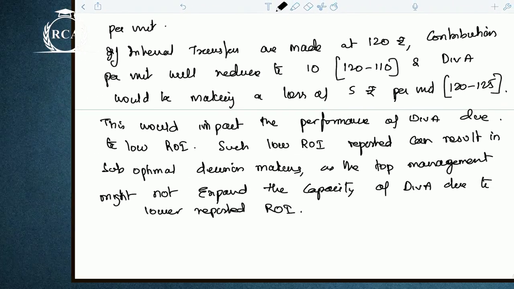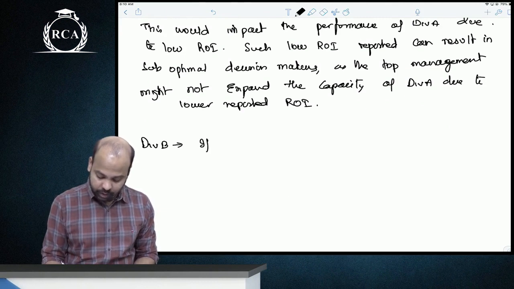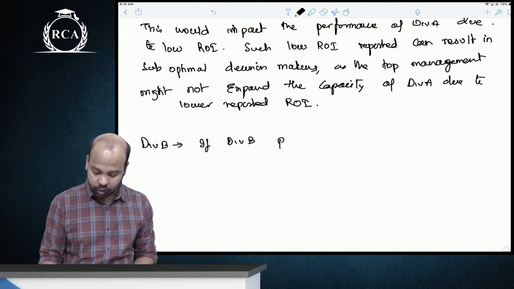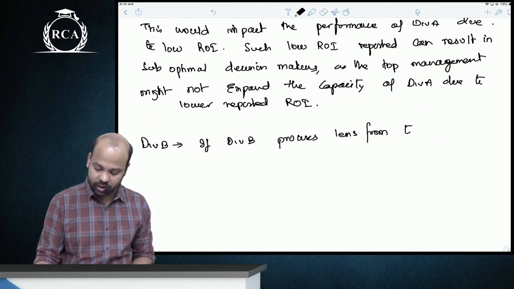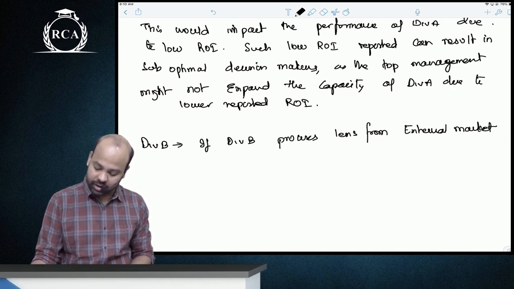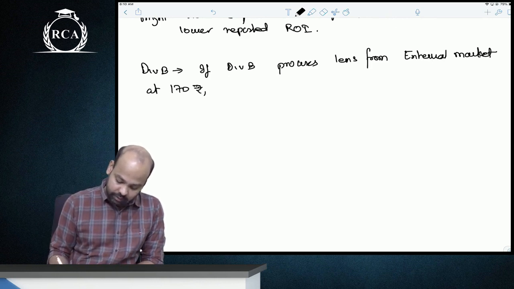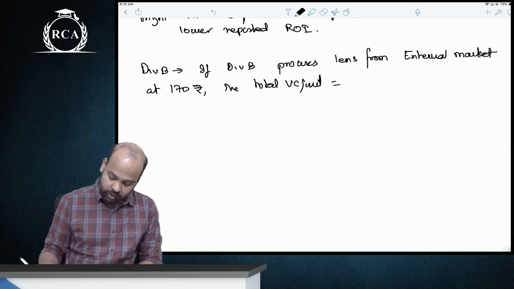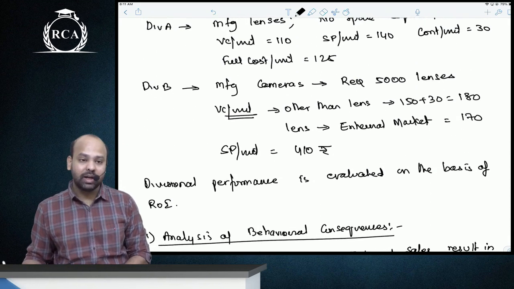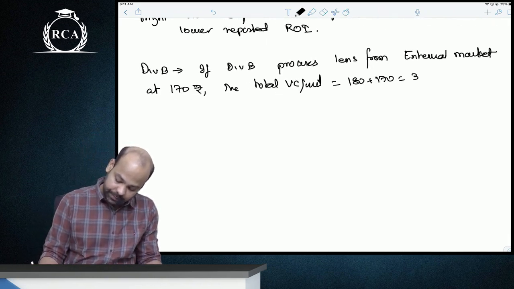Okay, I'm assuming that you're all done with this. Now, from the viewpoint of division B, if division B procures lens from the external market at 170 rupees, the total variable cost per unit, other than lens, is 180 rupees, so this would be 180 plus 170, 350.